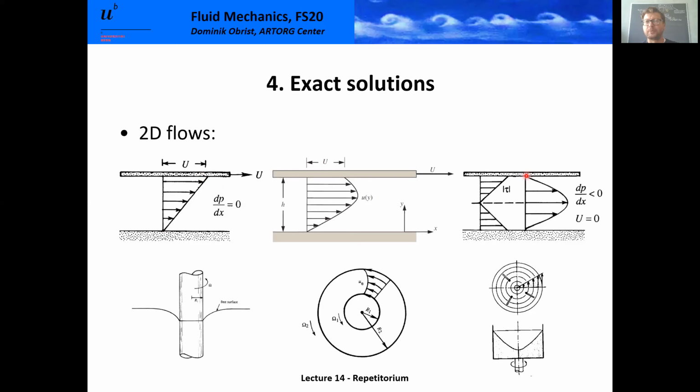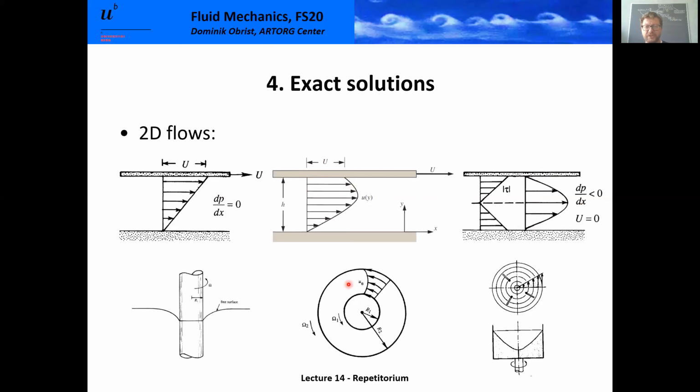And if we have the two plates not moving against each other, but we have a pressure gradient along the length of this channel, we obtain a plane Poiseuille flow, not to be confused with a pipe Poiseuille flow. It has a parabolic velocity profile. So this is a parabola. And we also found that these two solutions can be superimposed to get this mixed solution.